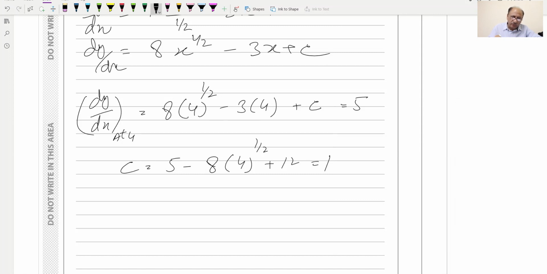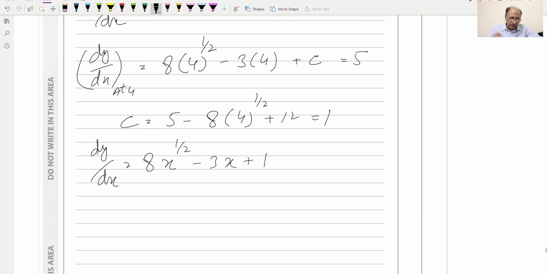So the c value we got is 1. We can replace it in this equation, so our dy by dx will be equal to 8x raised to 1 by 2 minus 3x plus c value, which is 1. So this is what we got as the first order derivative.